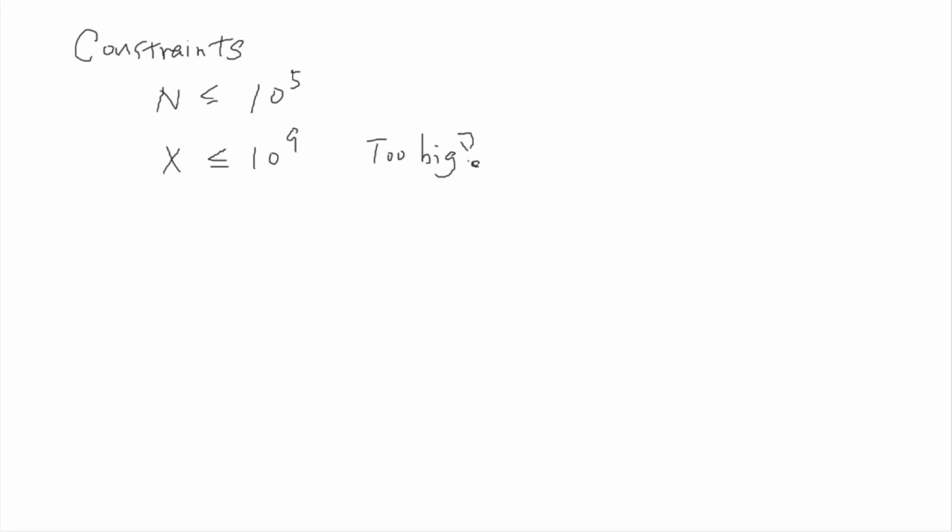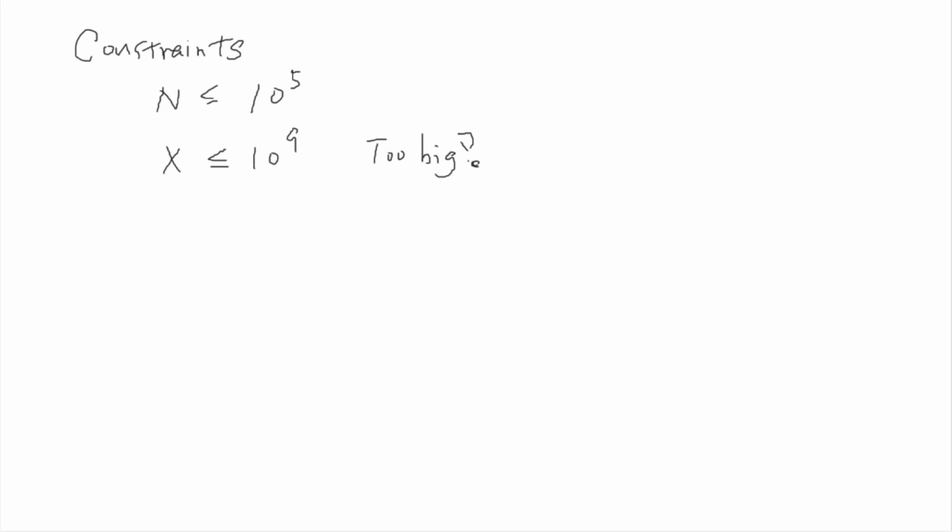Then we check the constraints. N, the number of stages, is at most 10 to the fifth, and it is okay, you can treat the number correctly.